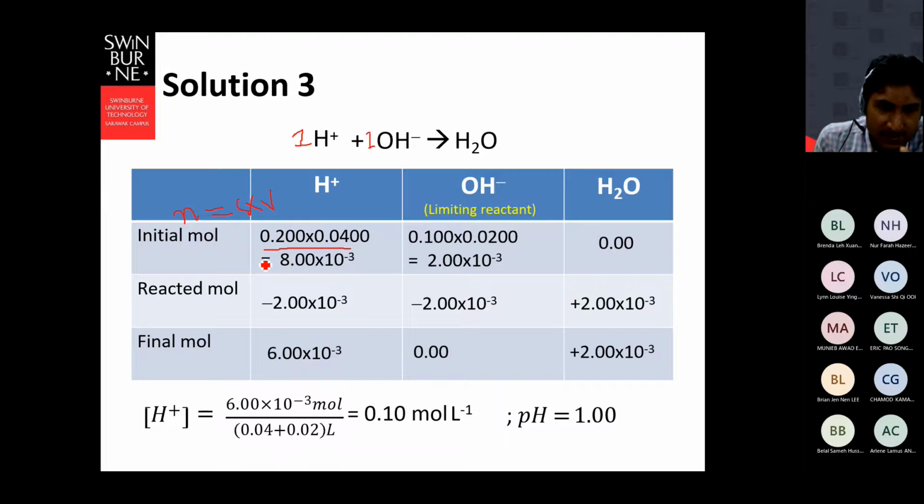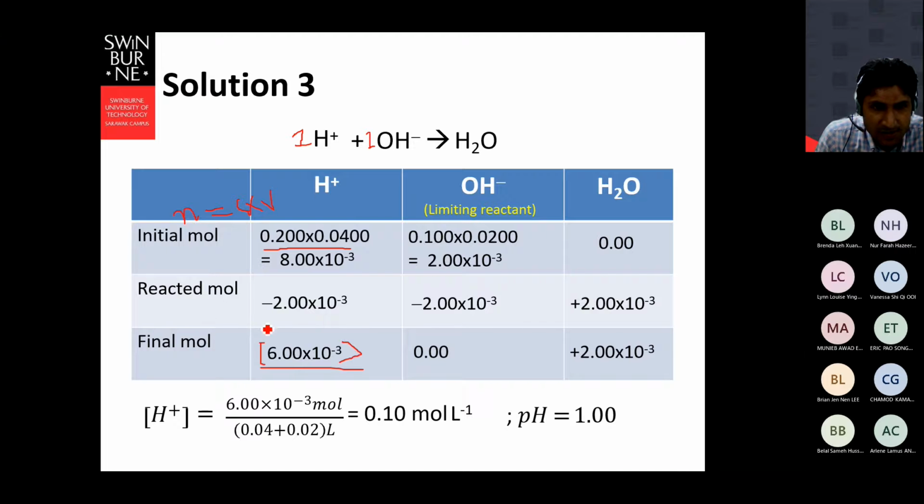So since it is a 1:1 reaction, the 2 moles of HCl will be used up. The rest, 6 times 10 negative third moles of HCl, will still be in the solution.